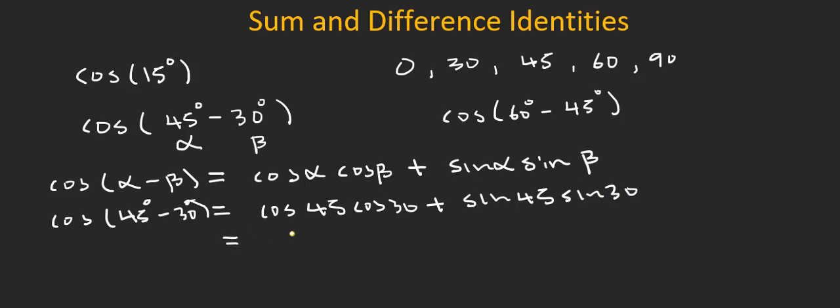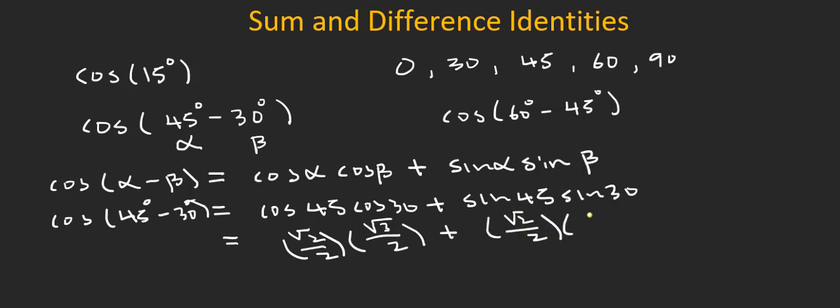Now let's simplify this. What's cosine of 45? That's radical 2/2. What's cosine of 30? That's radical 3/2, plus sine of 45, radical 2/2, sine of 30, that's 1/2.